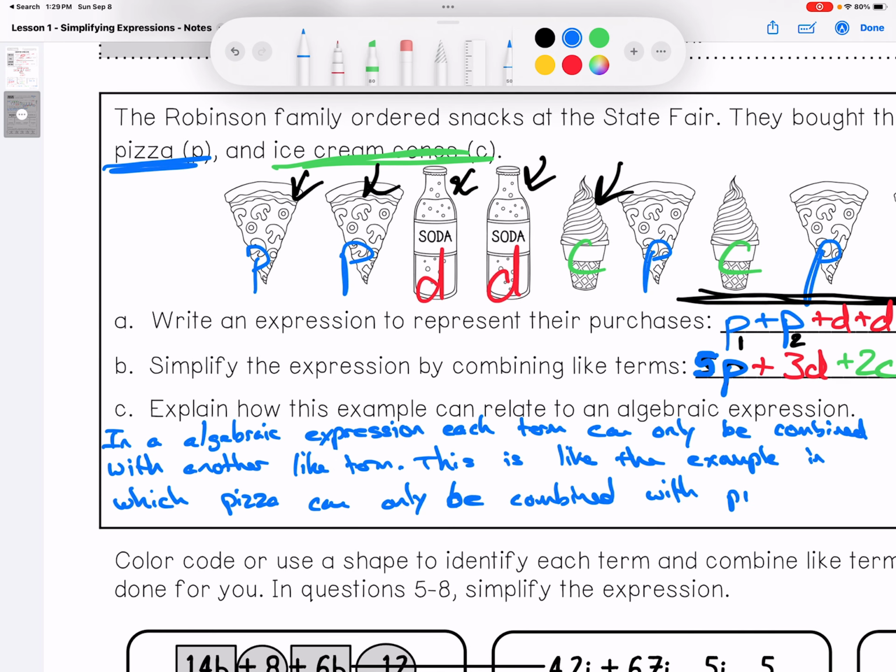Now, the reason you cannot combine them, guys, is because each variable represents something, and the other variables represent something else. Okay? So you can't combine them. Like, you can't combine drinks and pizza because the costs ain't the same. They're different. So that's why we cannot combine them. We only have to combine stuff that is like.